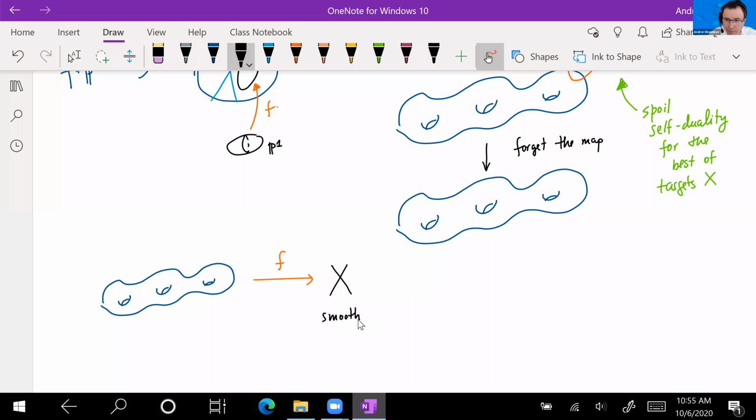It takes a while, actually. I realize the internet must be a little slow. It takes a while for the letters to appear on screen. But anyway, let's assume X is smooth.